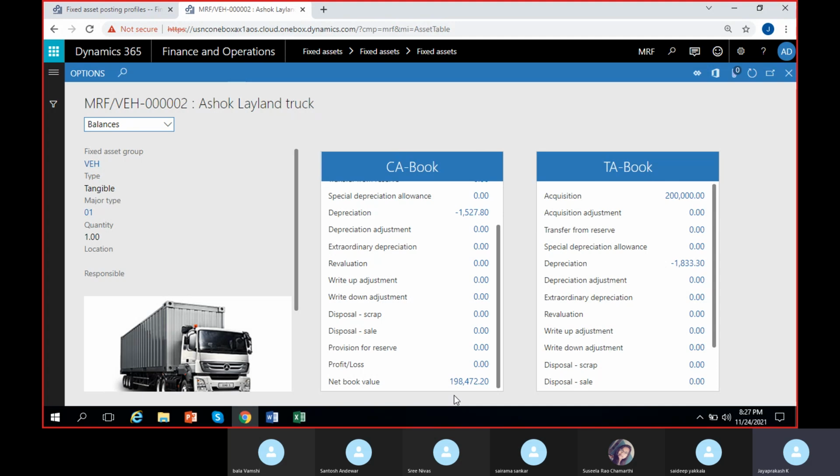I want to sell it for 1,90,000, which is a loss of 8,472, right? So on the existing net book value, I'm selling it for a slight loss. 8,472 loss. So how to do such a sale? I'll show you now.